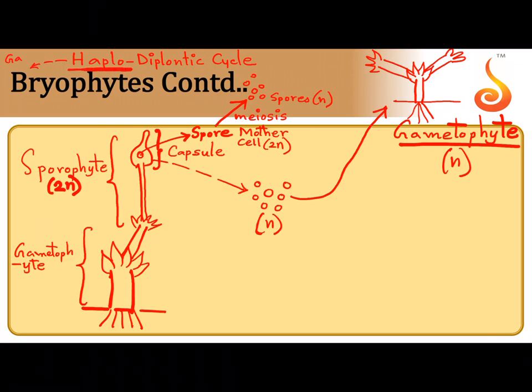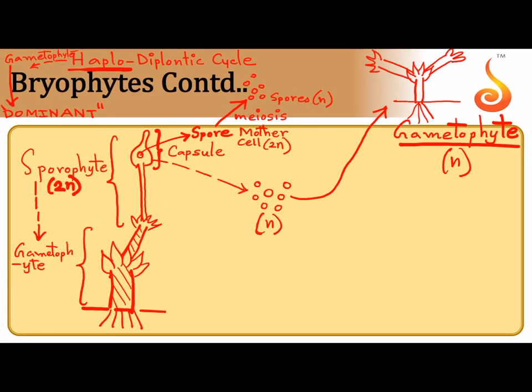Remember, the gametophyte, which is the haploid phase, is the dominant phase in the life cycle, and the short-lived phase is the sporophyte. And I told you the sporophyte is growing on the gametophyte. That's why we say that the sporophyte is dependent.